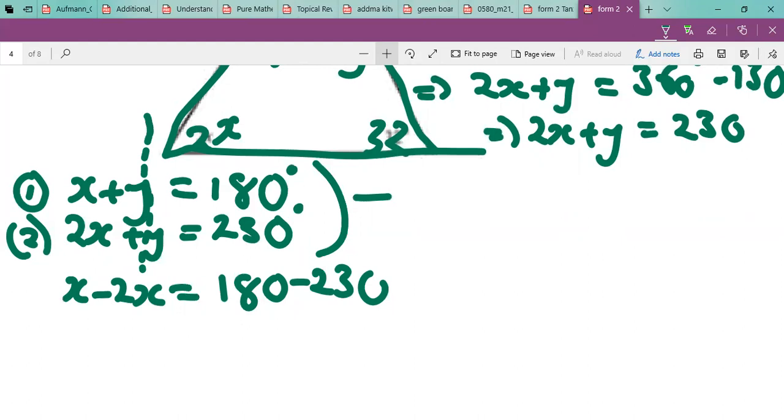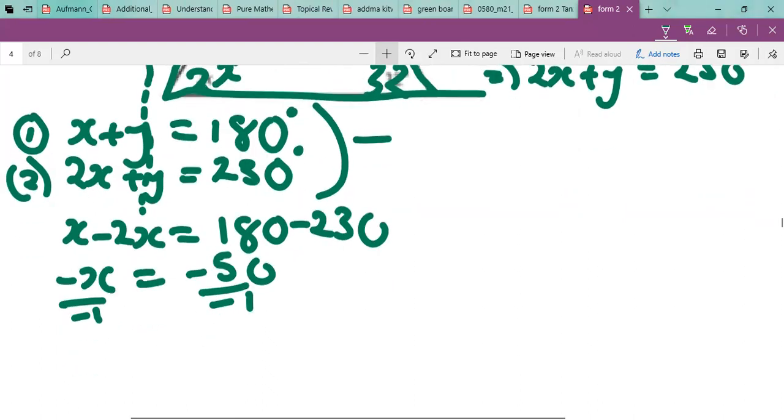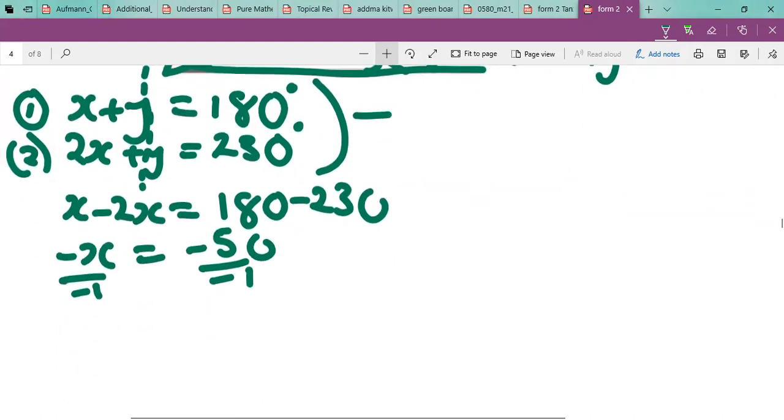What do you get? You get negative 50. So you have negative x is equal to negative 50, meaning that you divide by negative 1 both sides, and our x becomes 50 degrees. That is how we get our x.